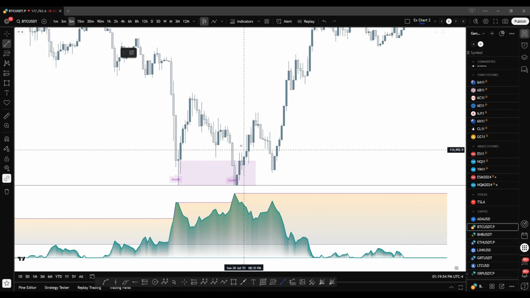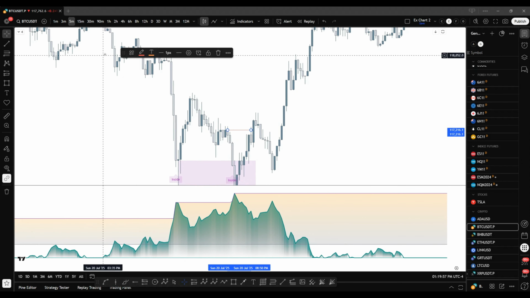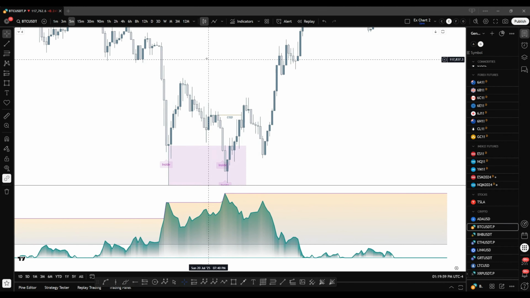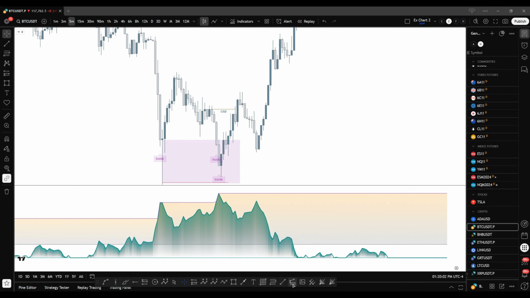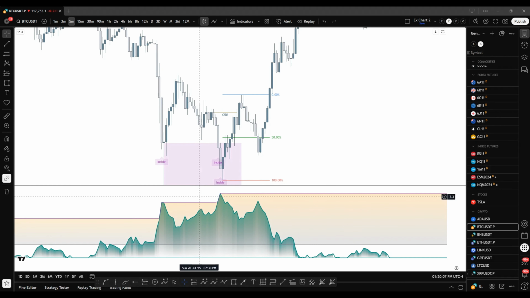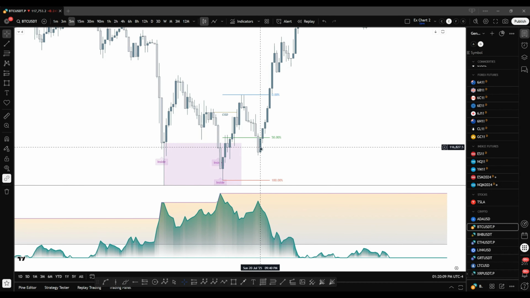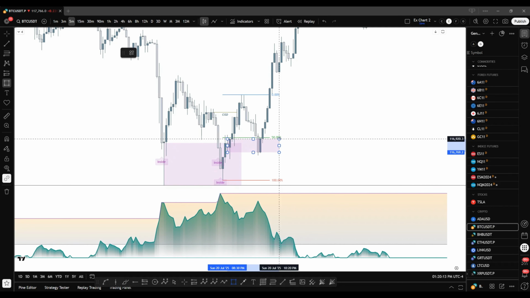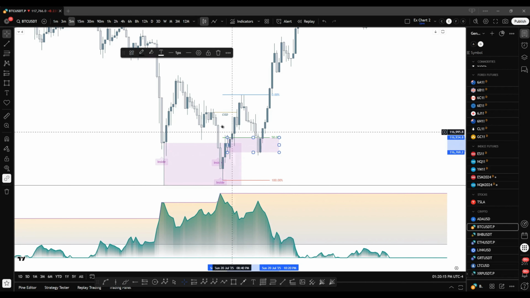All right, cool. So now what we have here is a change in state of delivery. Perfect. Now what we want to do is see some kind of retracement into a fib level, like the 50%. We see price retrace into that fib level, and it's even reacting off of this small order block right here.